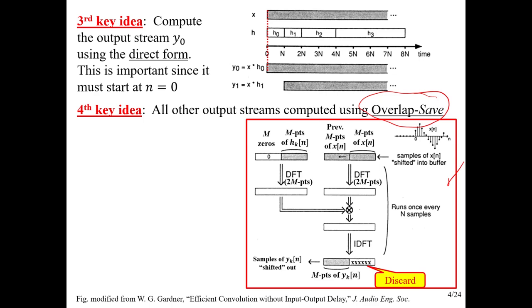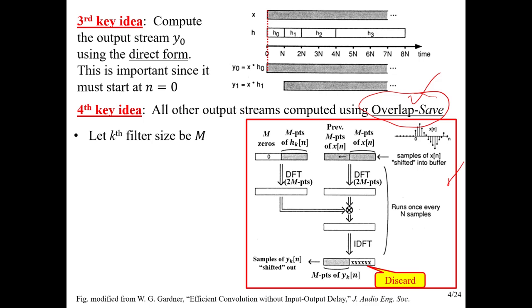I'm showing it mostly because you can do overlap save exactly the way that we talked about before in the previous note set. But Gardner has a slight twist on it. It makes no difference in computational complexity, and it makes no difference in the results. It's just he puts things in different places and takes results from different places, but everything works exactly the same.